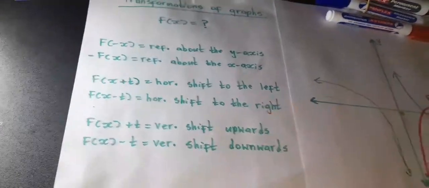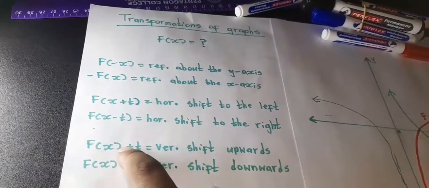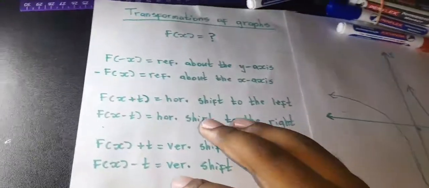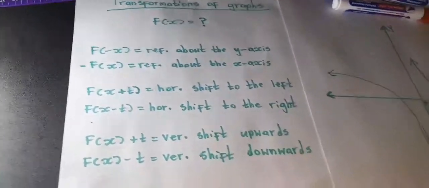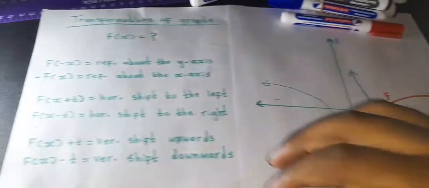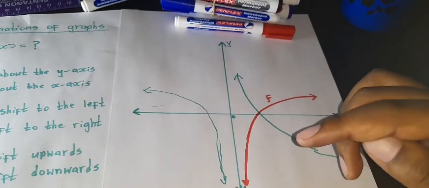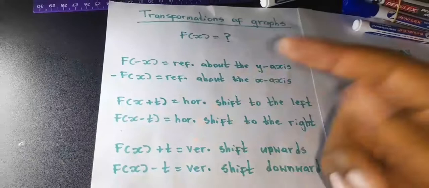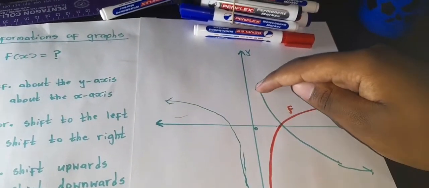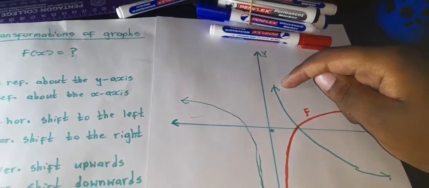And f of x plus t, where this t is now outside the brackets, means something different from this here. Notice the difference. So f of x plus t is a vertical shift, up and down. If we have, let's say, f of x plus 5, that means we take this graph and move it 5 units upwards.